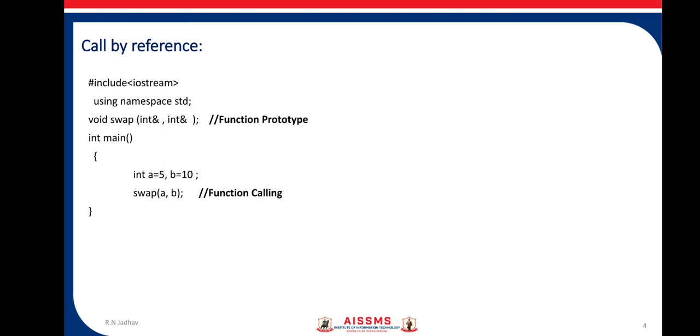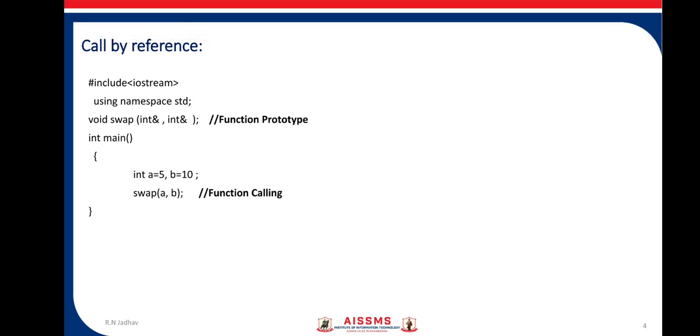In int main, I have declared two variables a and b, and then I am passing these two variables to the function. If we take the same statements in a C program, this is similar to call by value, when we pass the values to the function. So here a and b are passed to the swap function.